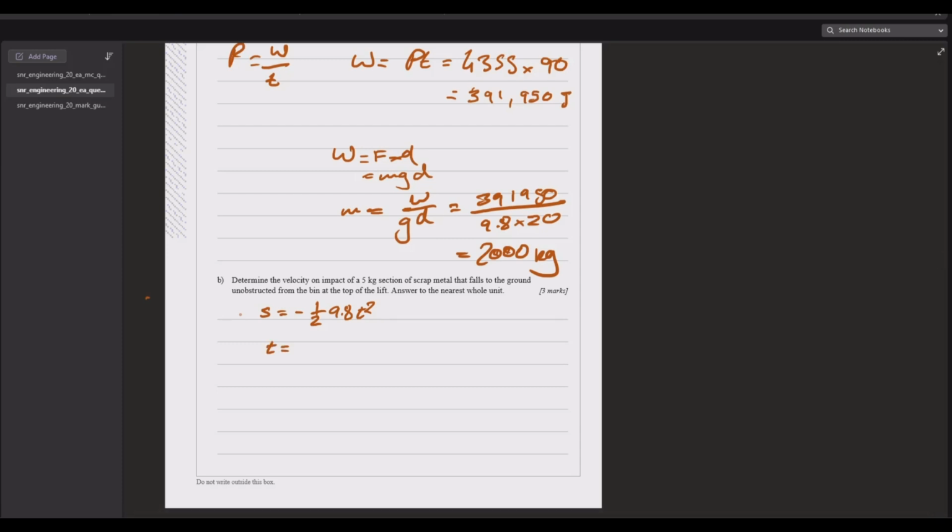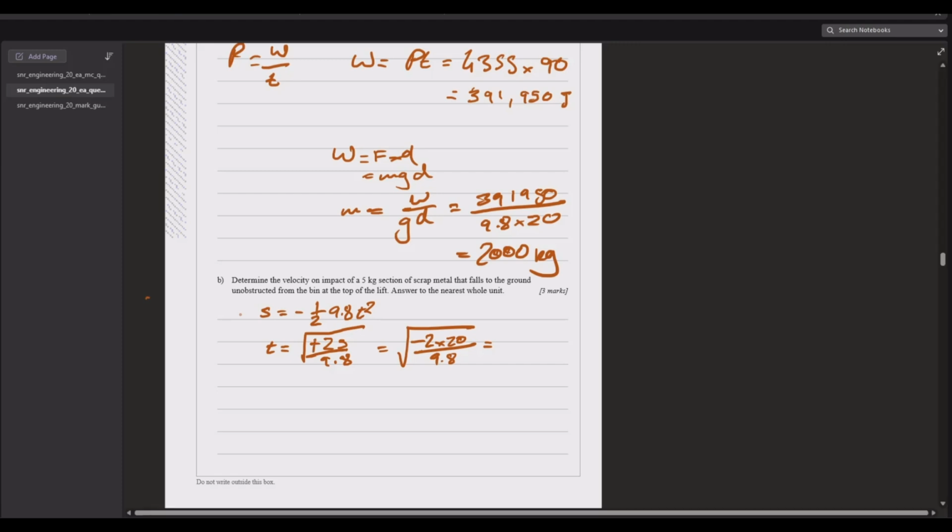So that's going to be root negative 2s on 9.8, which equals root negative 2 times 20 over 9.8. Let's just make that positive so we can have easy calculation. Root 40 over 9.8. So that's 2.02 seconds.